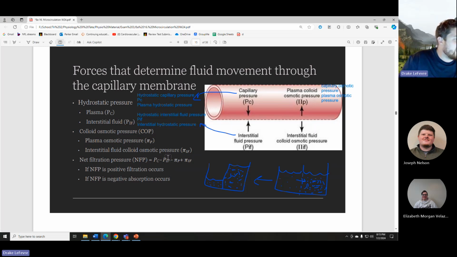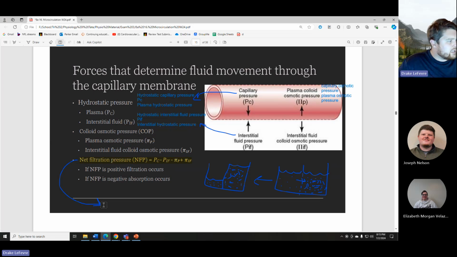And we have an equation right here. Our net filtration pressure. So net filtration pressure, net means kind of the sum of. So we add them all up and see what it's doing.